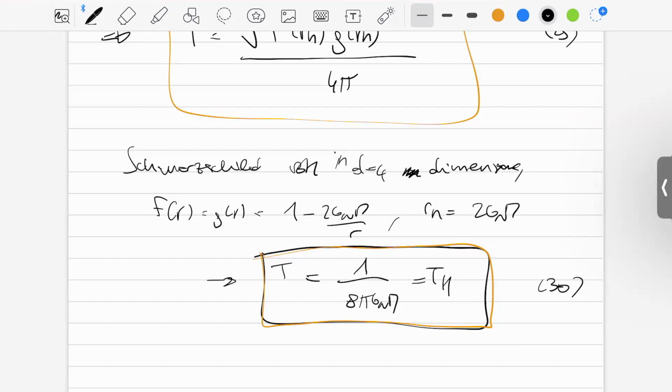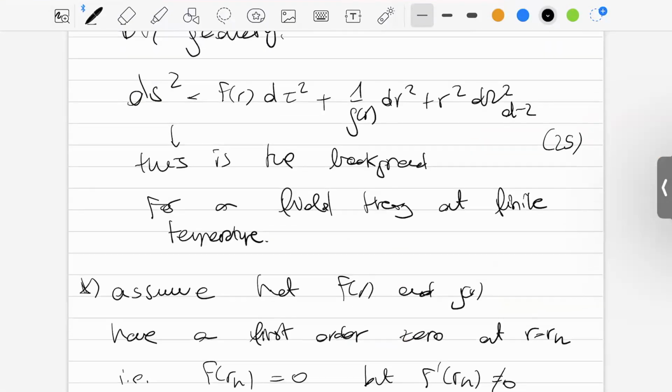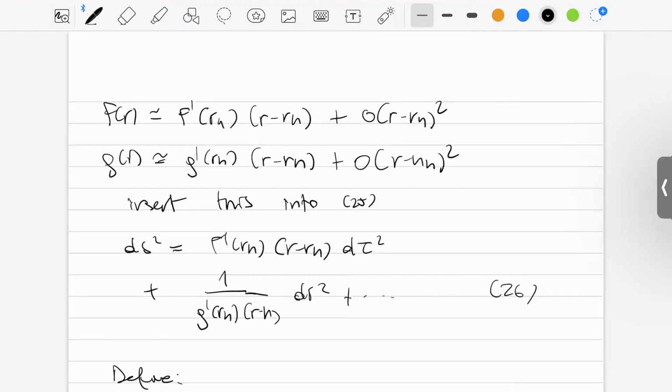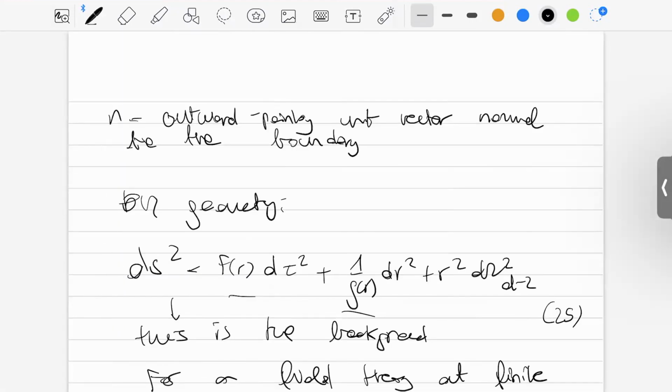We started with some curved background, which was very generic, just depending on some f, some g. I didn't specify at the beginning what f and g are. Then I assume that in this background I put some quantum field theory. So at the end of the day, you have a quantum field theory in curved spacetime.